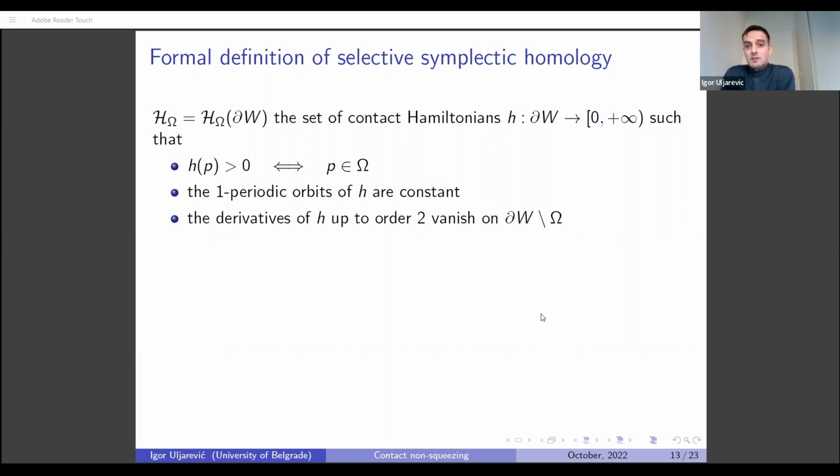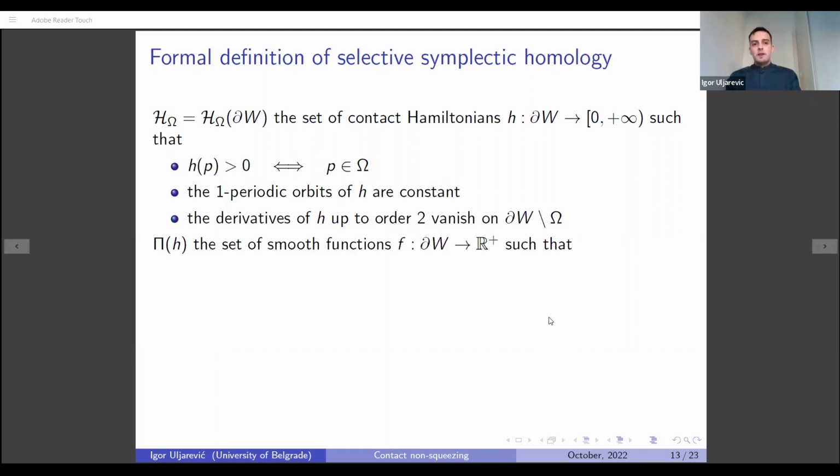However, if, for instance, the complement has an isolated point, then this is not true. We need this third condition so that the inverse limit that we use in the construction of selective symplectic homology stabilizes. So for sufficiently small perturbation, Floer homologies will be isomorphic.